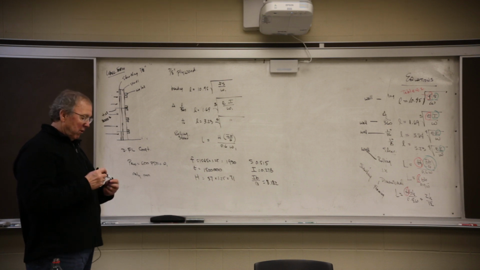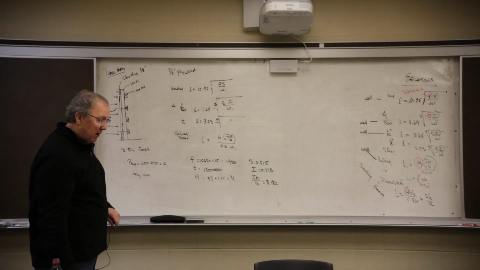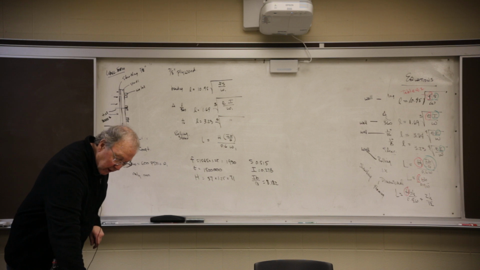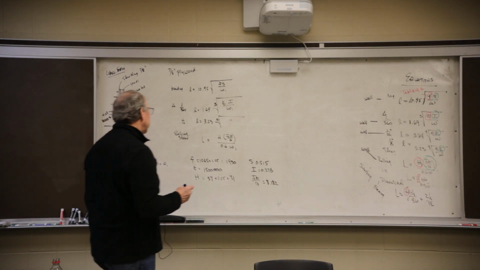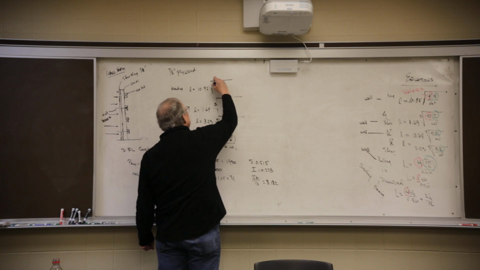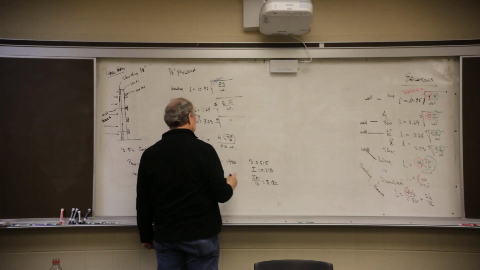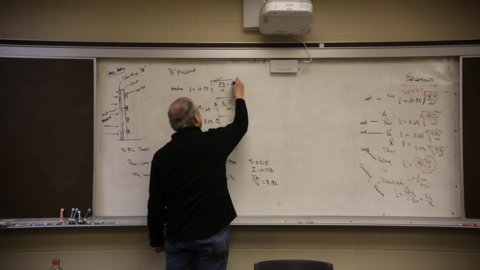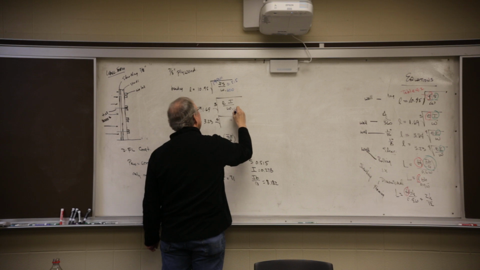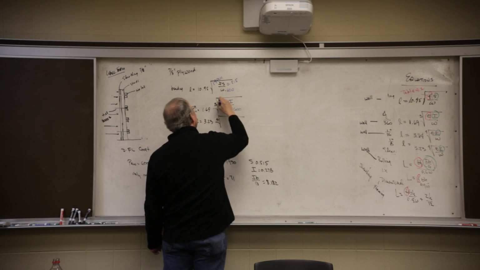Do it same as we did before. Pop them in there, right where they go. So if we pop them in here, see what happens. F, 1930. S, W, 1,000,005.